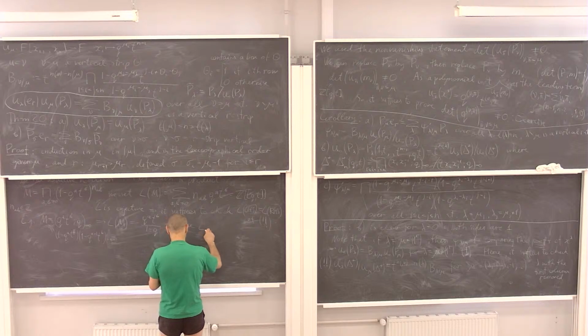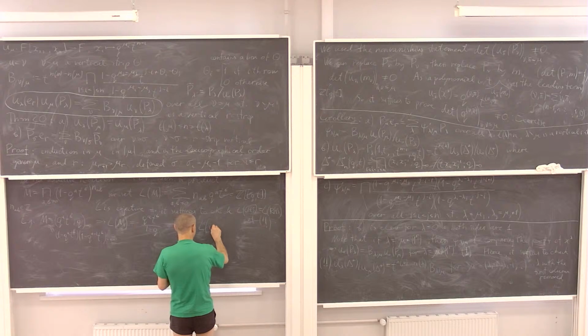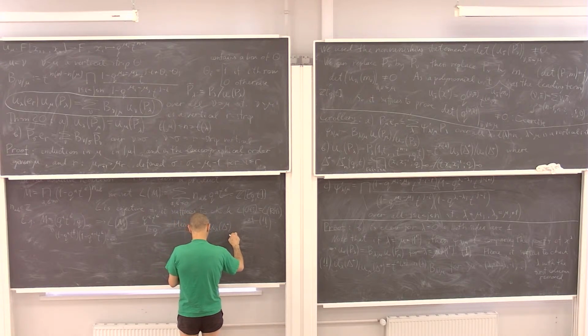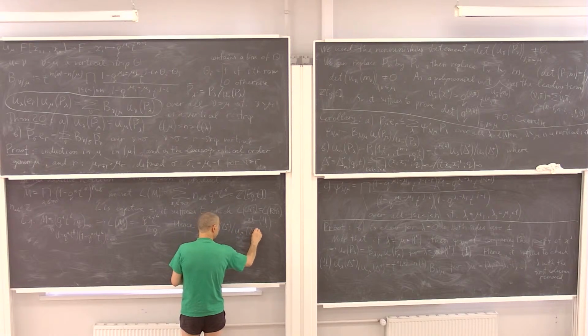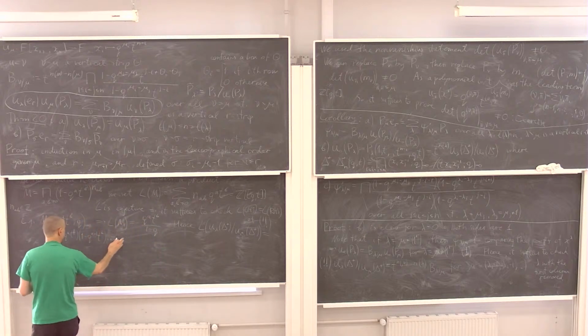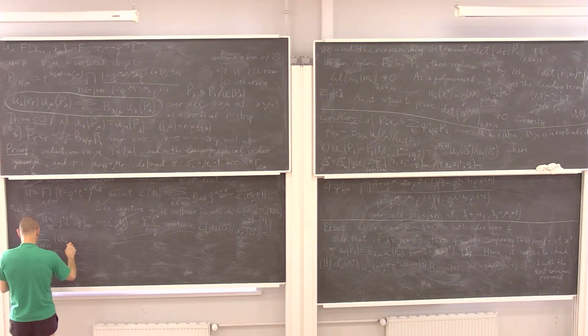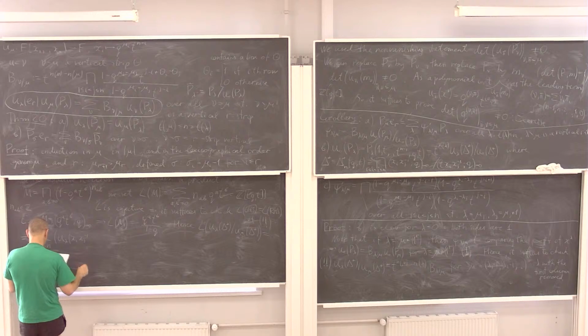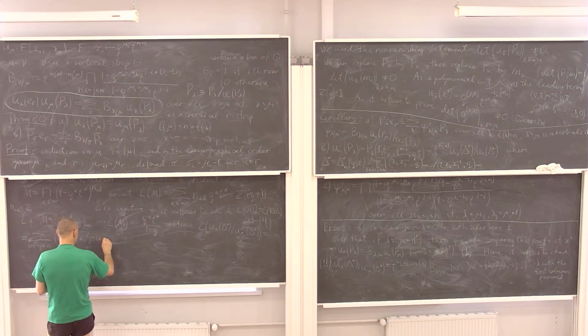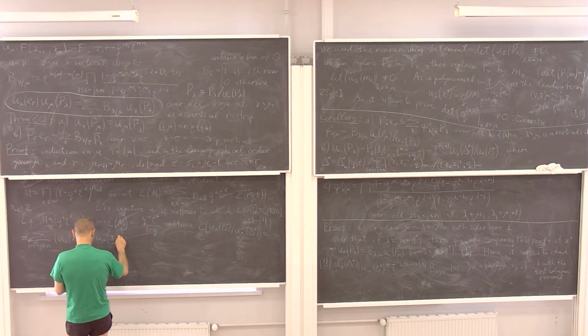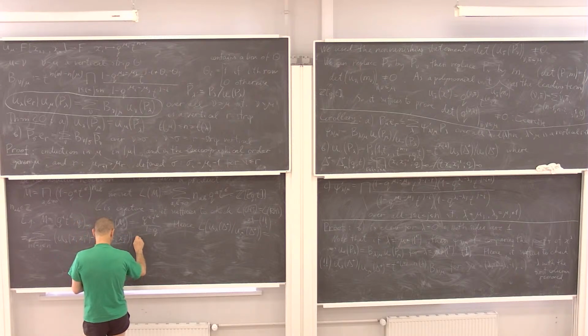So if we compute additivization of u_lambda of delta plus over u_mu of delta plus, then we get the sum over all pairs i, j of u_lambda of x_i over x_j minus u_mu of x_i over x_j, times 1 minus t over 1 minus q.